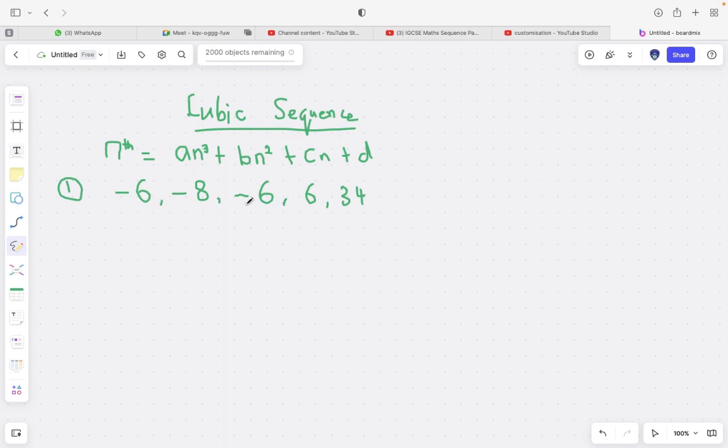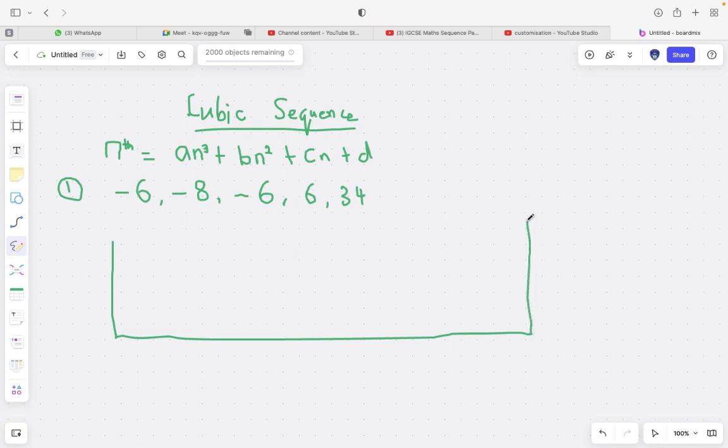So if you have a sequence like this, first of all, we use the table. Like we said last time, we make a table to find the first difference, second difference, third difference. First and foremost, we're going to draw two tables for comparison. So let's make the first table.